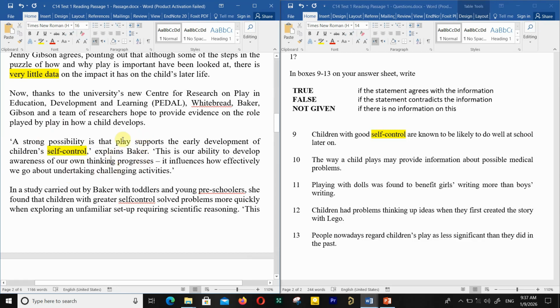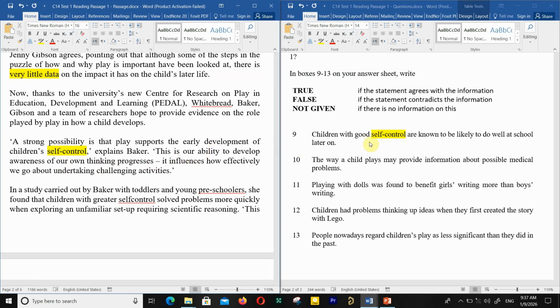Self-control, okay? So a strong possibility is that play supports the early development of children's self-control, explains Baker. This is our ability to develop awareness of our own thinking processes. It influences how effectively we go about undertaking challenging activities. Nothing is there.